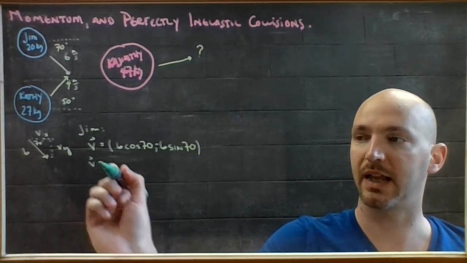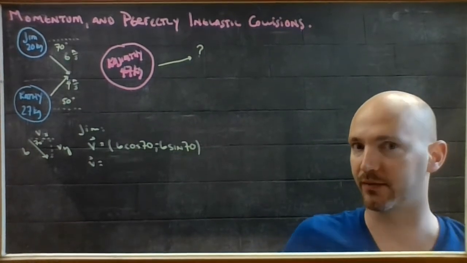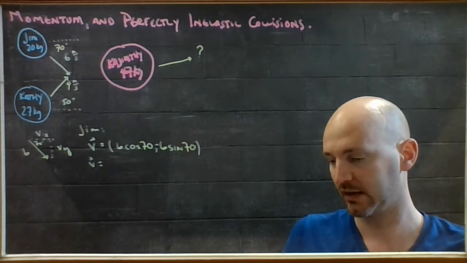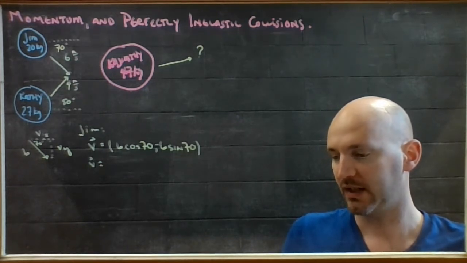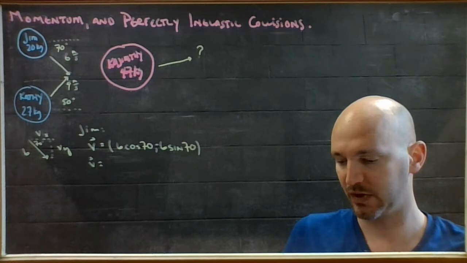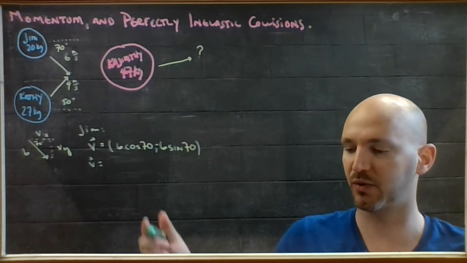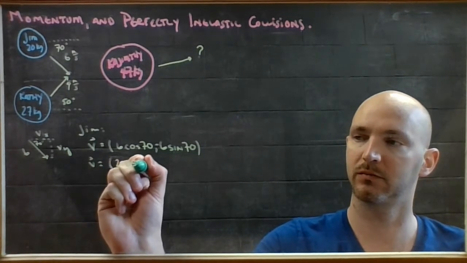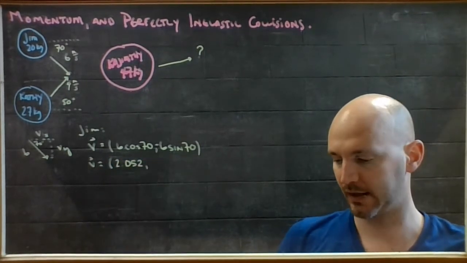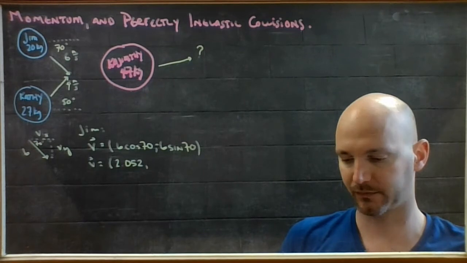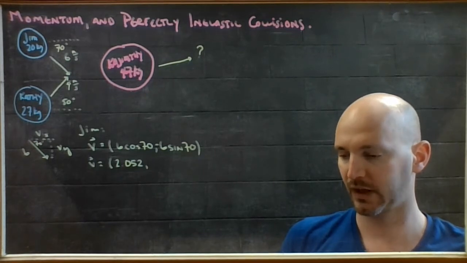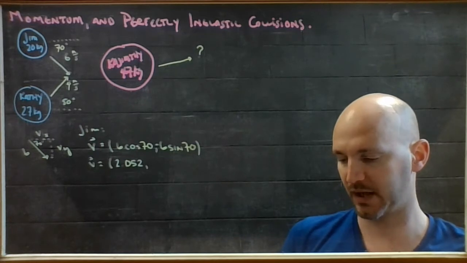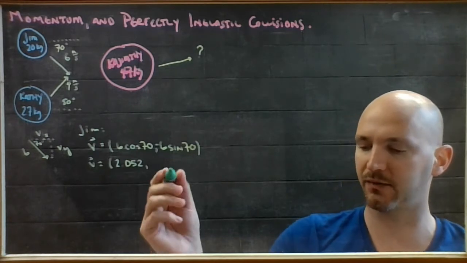If I render that as decimals, now that I've got this calculator in degrees, cos 70 is 0.342 multiplied by 6 is 2.052. And sine 70 is 0.9396 multiplied by 6 negative gives me negative 5.638.